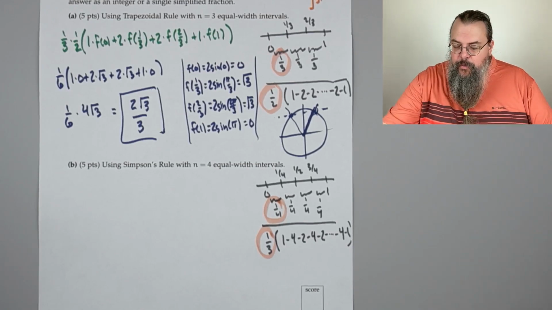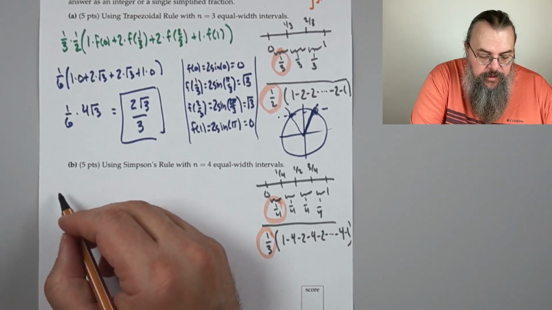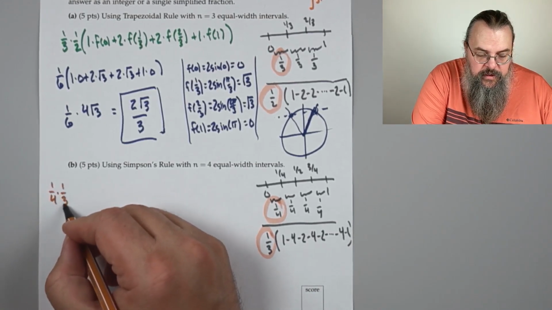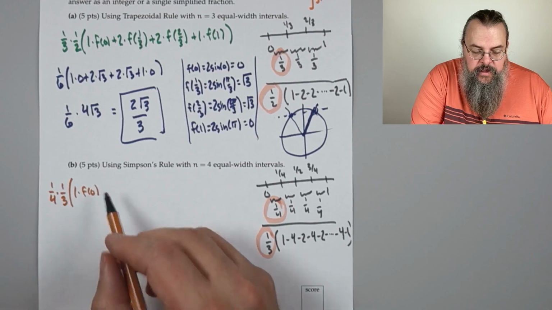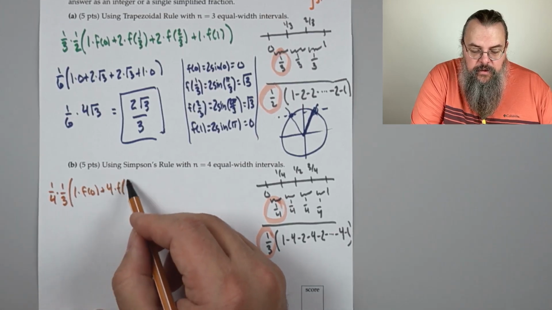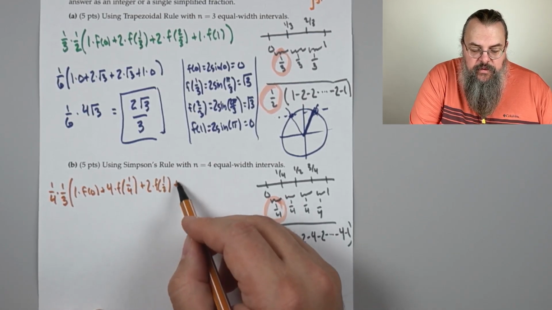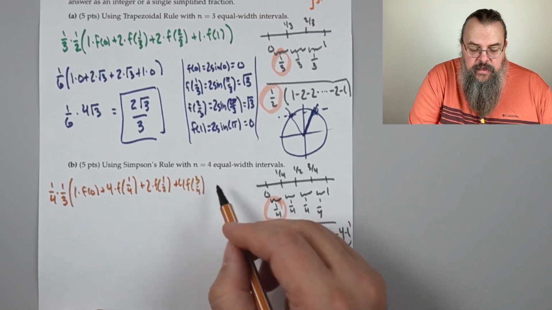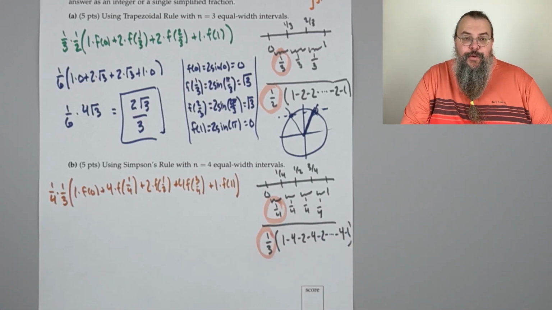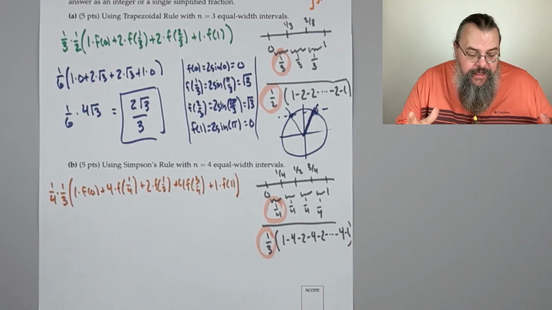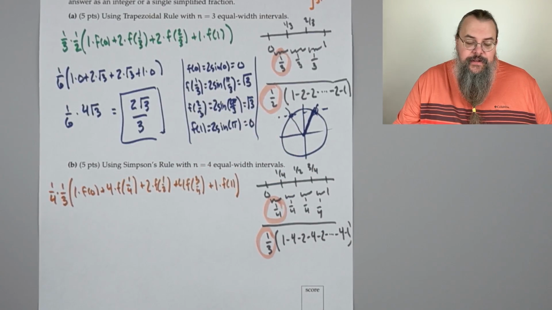So putting this together, we have 1/4 times 1/3, and now we're going to take 1 times f of 0 plus 4 times f of 1/4 plus 2 f of 1/2 plus 4 f of 3/4 plus 1 f of 1. Now we are going to do the same thing that we did up here. We're going to plug stuff in and see what happens.